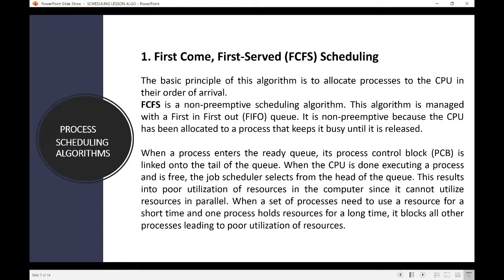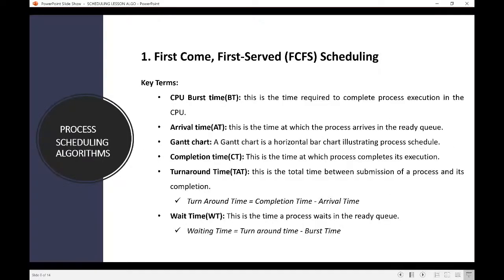So before seeing how to perform first come, first served, let's understand the key terms that we use when calculating the time allocated for each process. The first term is what we call CPU burst time, or BT.